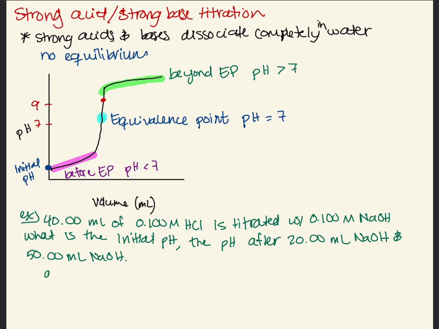So essentially what this is going to look like is we're going to calculate it at 0 milliliters of sodium hydroxide, 20 milliliters of sodium hydroxide, and 50 milliliters of sodium hydroxide. So let's start off with our initial pH.